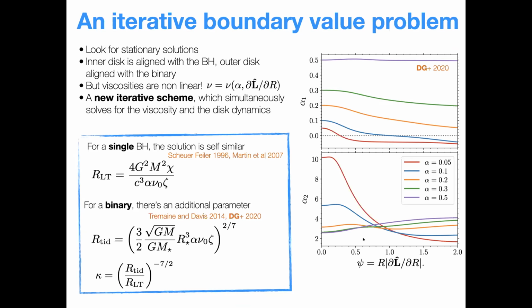So the physical setup here. For a single black hole, the solution is self-similar and only depends on a single parameter, the warp radius or Bardeen-Petterson radius, and this was known before. So that means that a system around a more massive black hole, M, or a more spinning black hole, chi, would just be self-similar, just scaled up, if that makes sense.